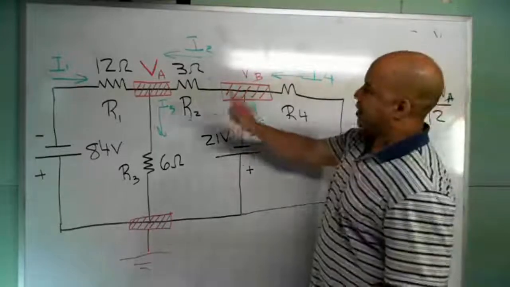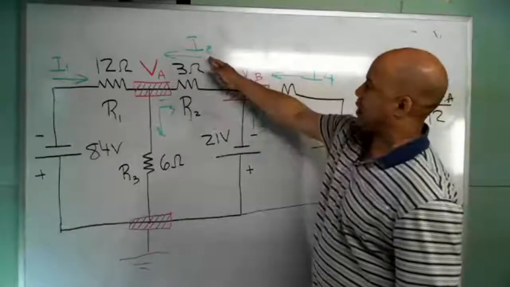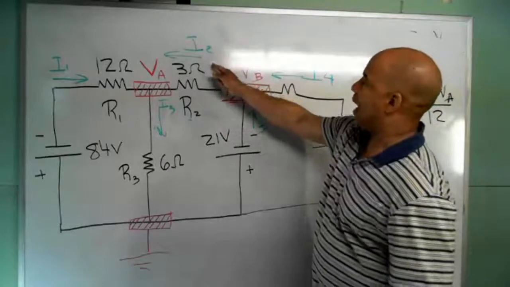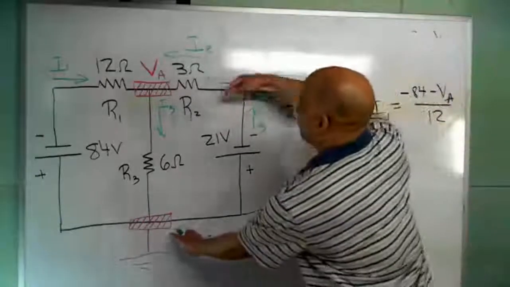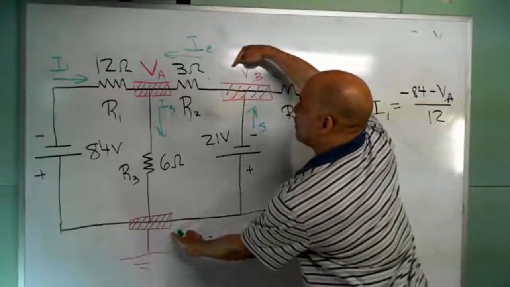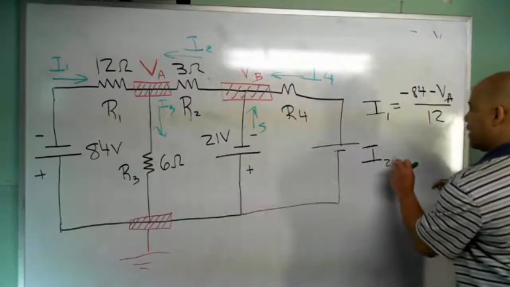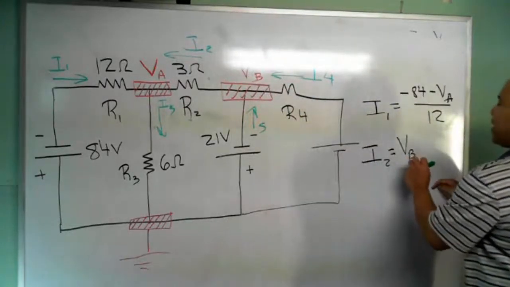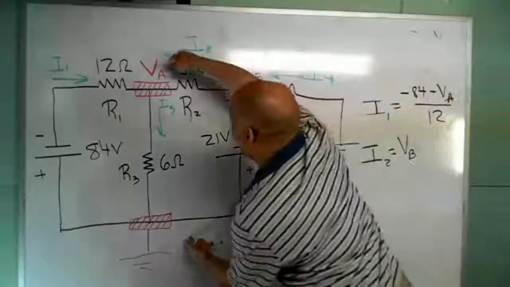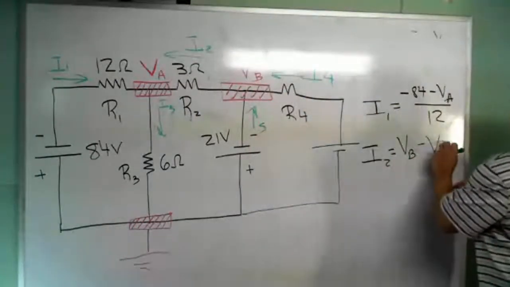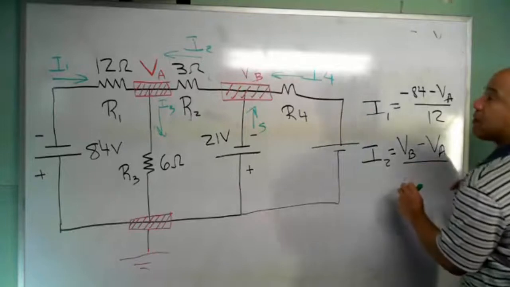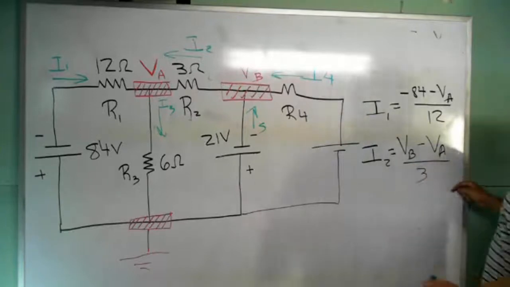But the trick here is when I get to this current, I2, when I take the voltage on one side of the resistor, I get VB. So I2 is going to be VB minus VA over 3.